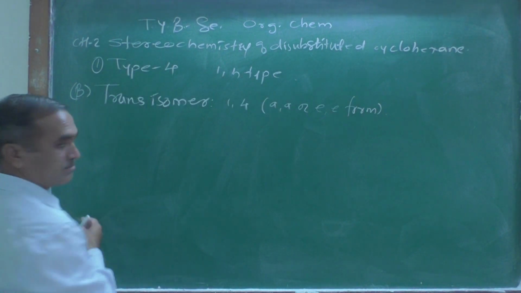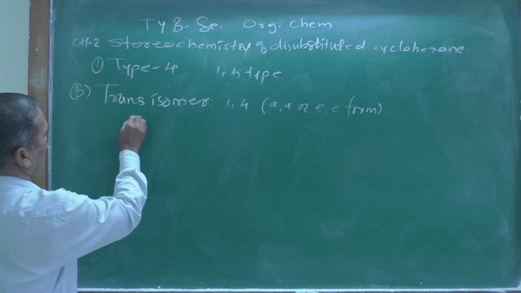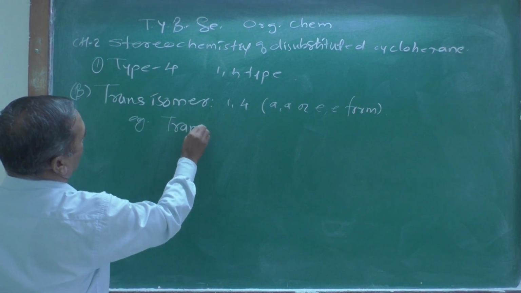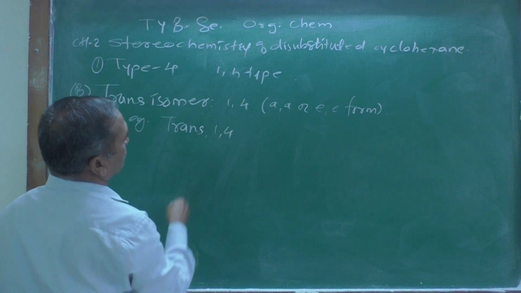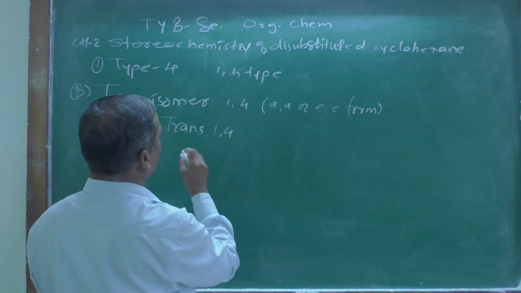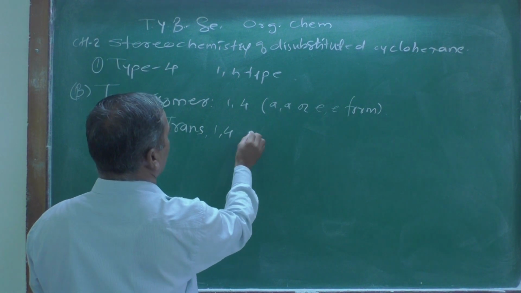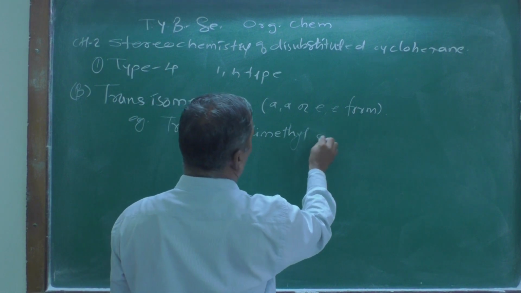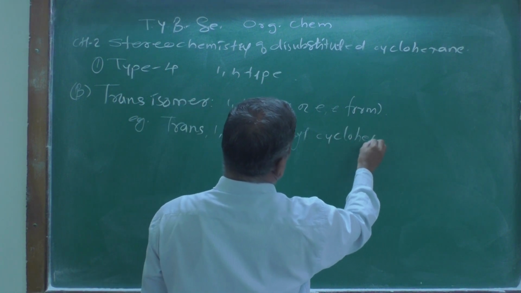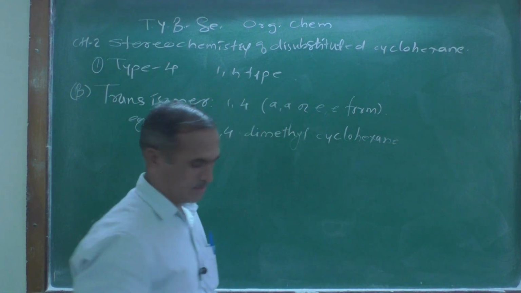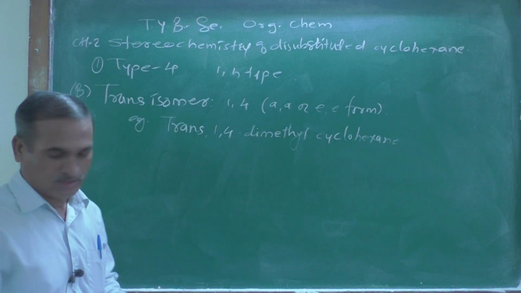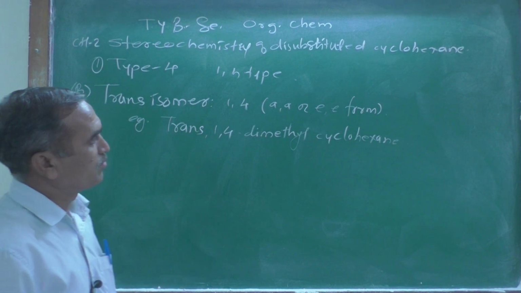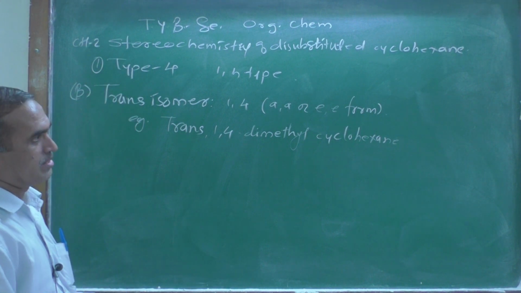Here we are going to consider the example of trans 1,4 dimethyl cyclohexane.